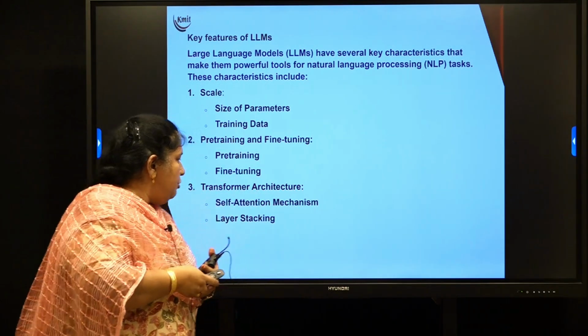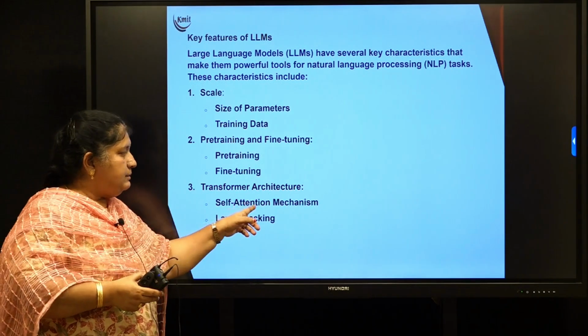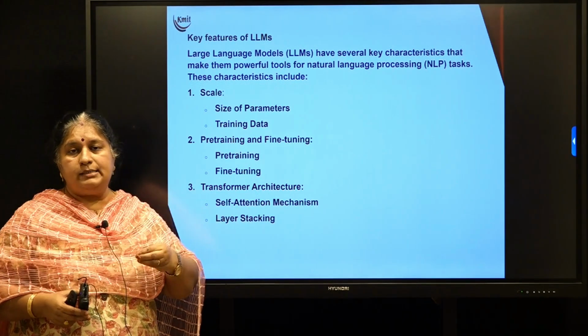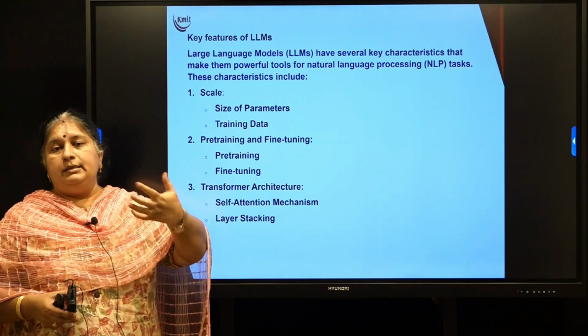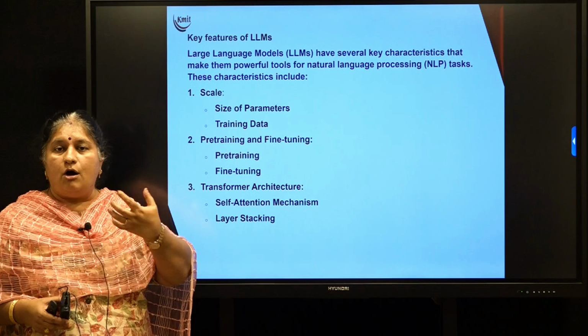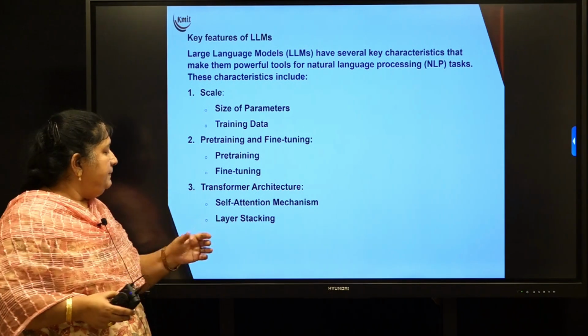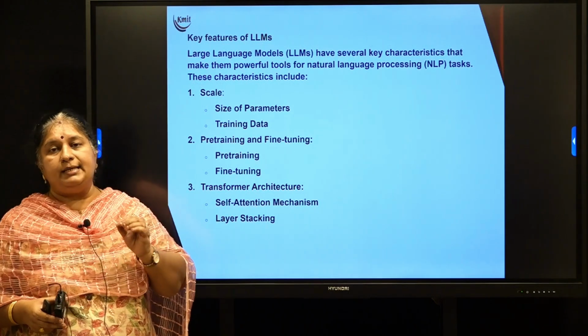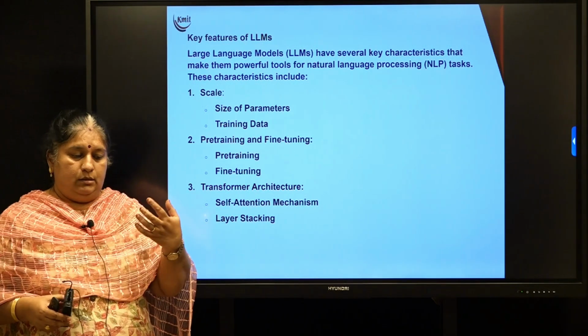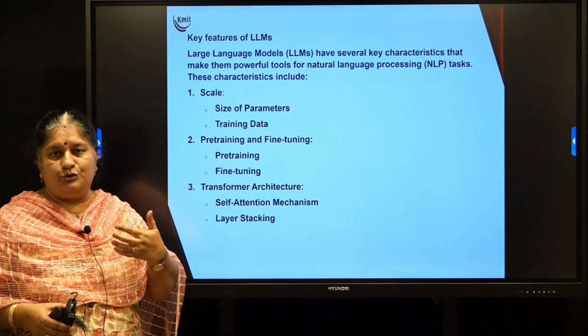So when you are talking about the self-attention mechanism, you are allowing it to understand both the inputs and outputs and the complexities of the language, the context of the language, everything. Under layer stacking, you are making sure the model is getting trained on the levels of abstraction of a language.